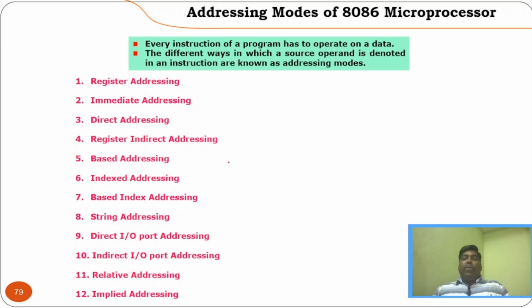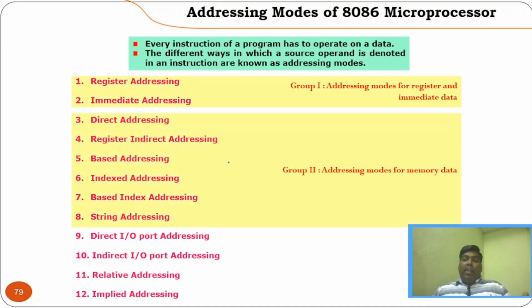First we'll start with register addressing, and before that, these addressing modes in 8086 are grouped into different groups. Group 1 is for the addressing modes of register and immediate data, that is register addressing and immediate addressing. For memory data, these addressing modes will be used.